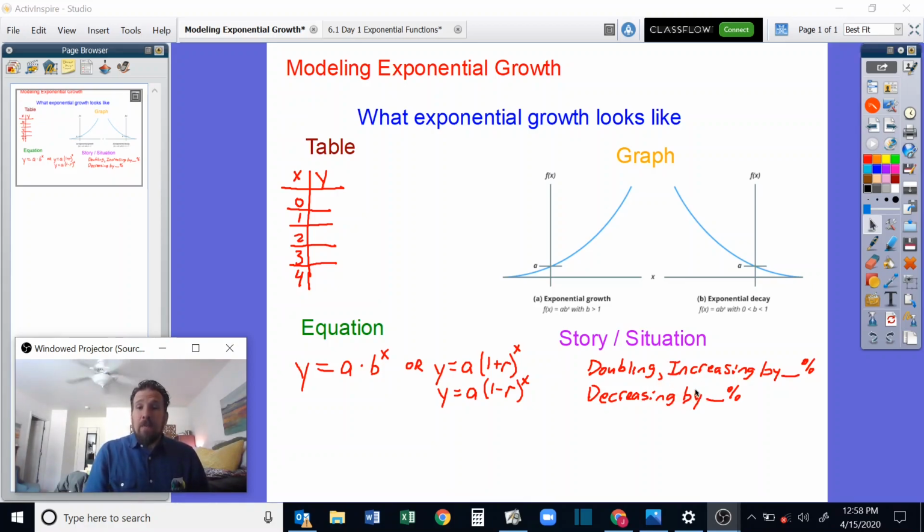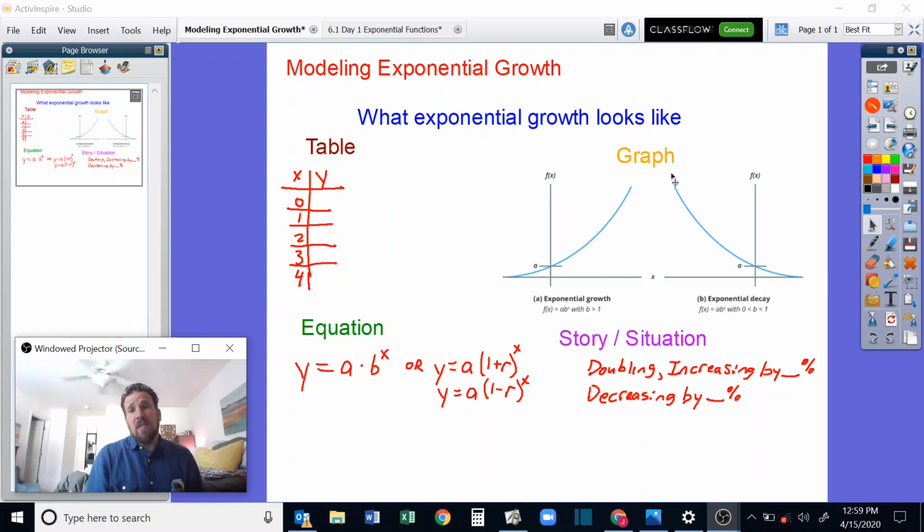When we see exponential growth or decay in a graph, it looks like this. And the main thing I want you to first recognize is that it's not a straight line. This is a curve that's getting steeper and steeper as we go along this curve for exponential growth.